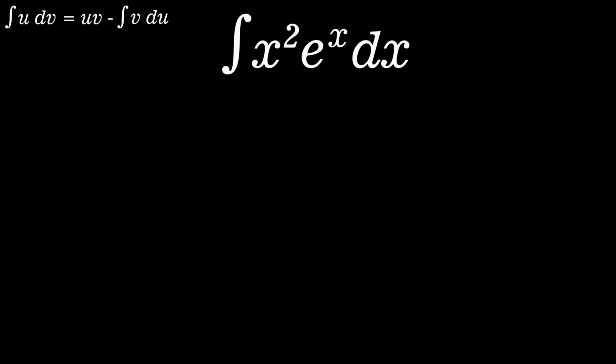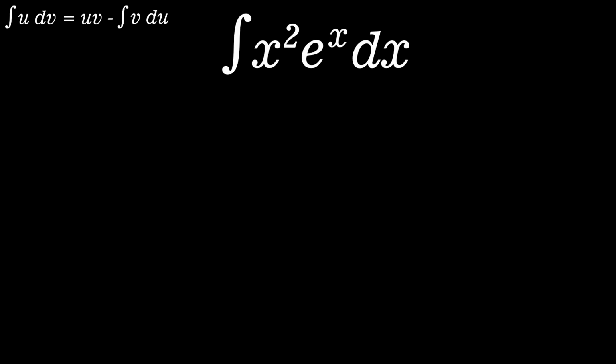Here's another example. The antiderivative of x squared e to the x dx. If you'd like to pause the video and give it a try, go ahead, but I will warn you that you may have to perform integration by parts multiple times.